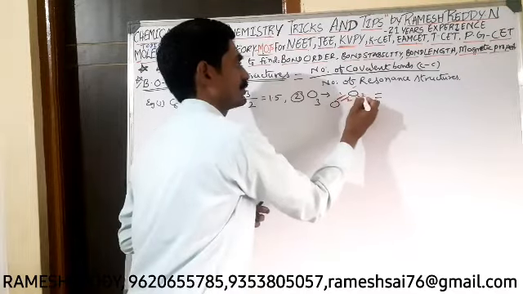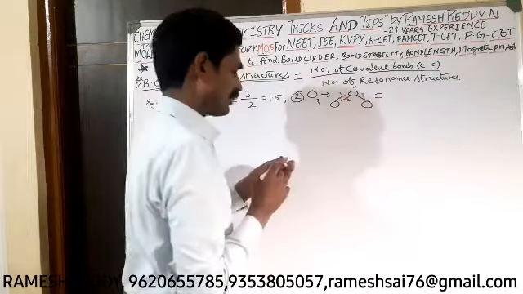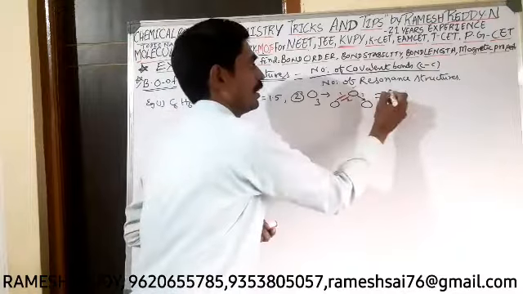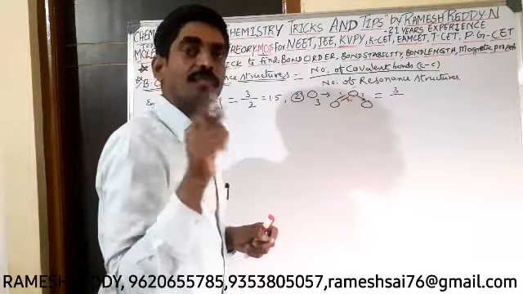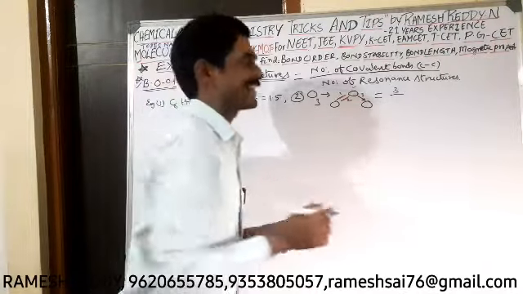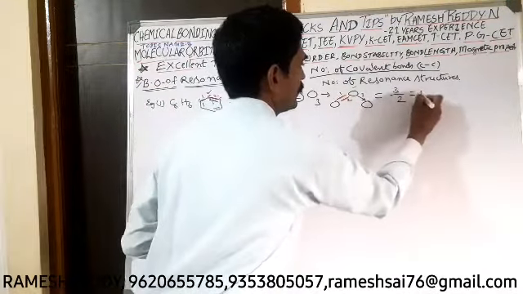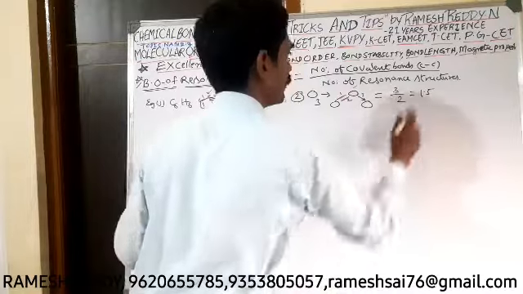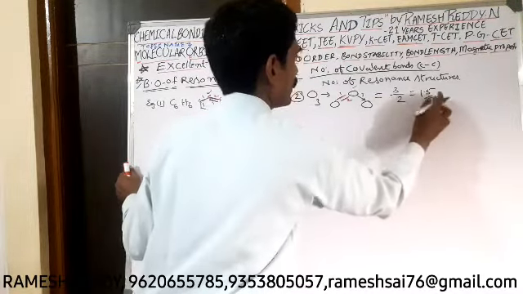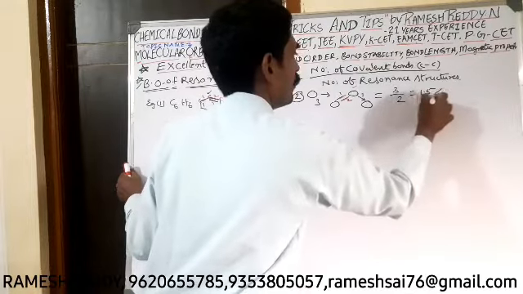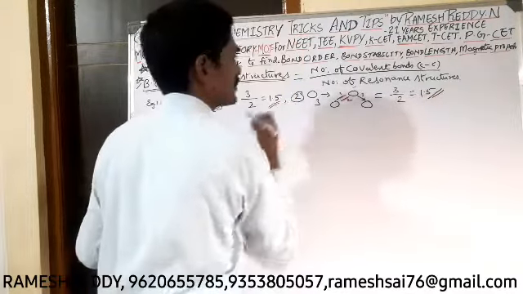So the total number of covalent bonds of oxygen is 3. Ozone can form 2 resonance structures. That is 3 by 2, also 1.5. So this is the bond order for ozone and also benzene.